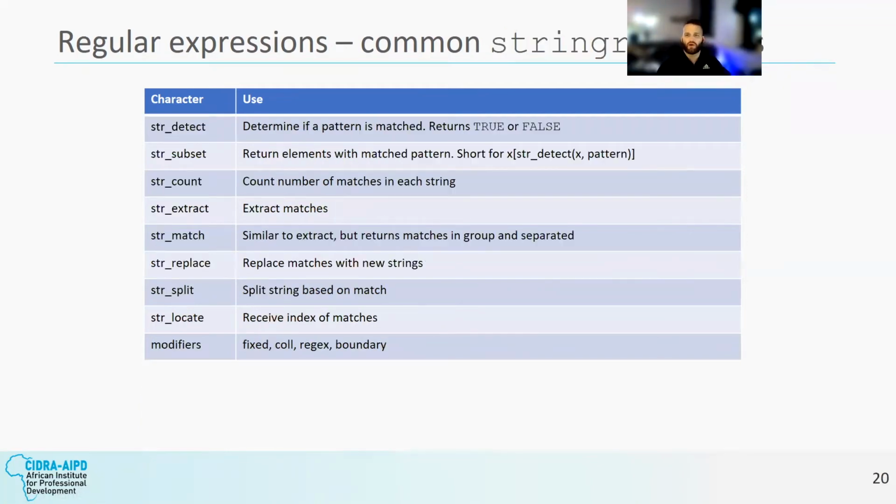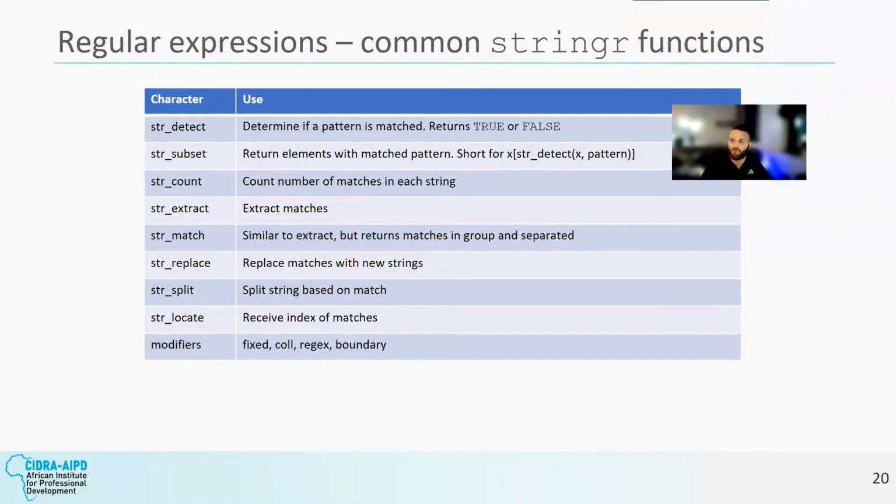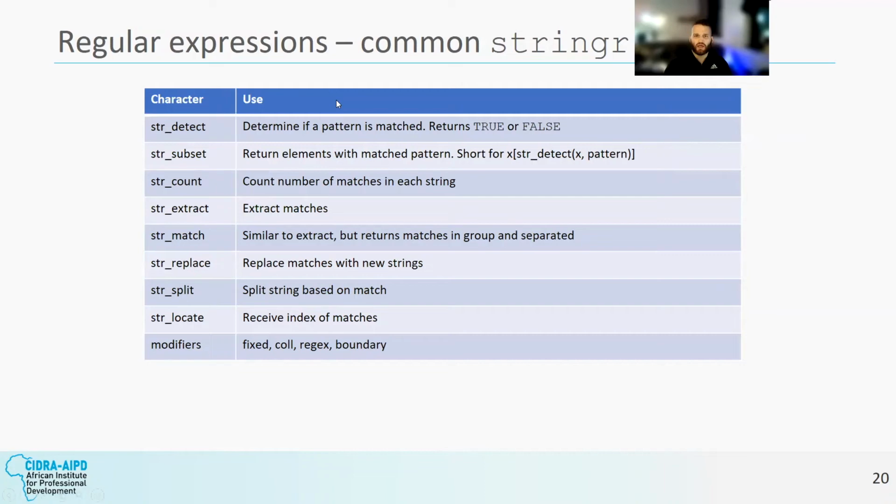Now the final thing we want to go over is common stringr functions. So again, I've just created a simple table here with some of the most common ones that you might use. And then we'll take a quick look at how to use them in RStudio.